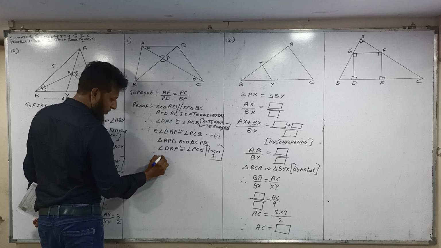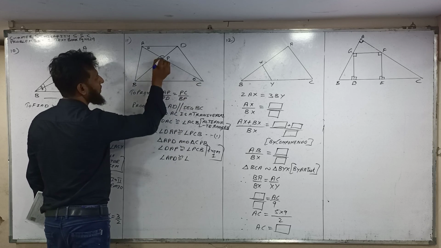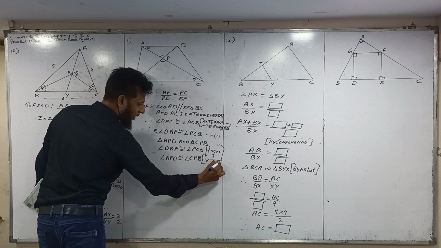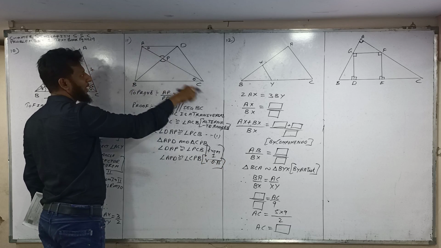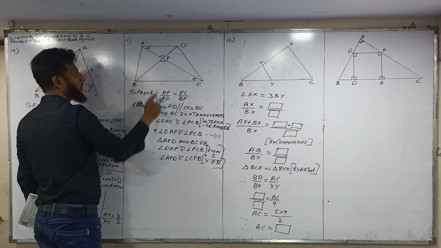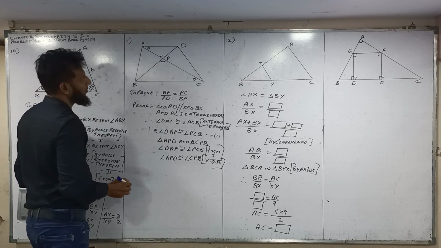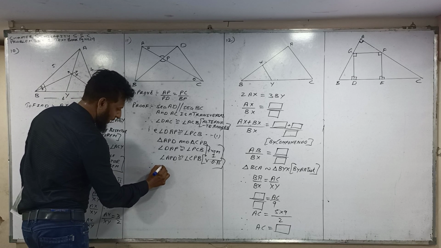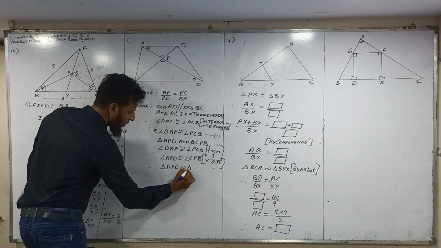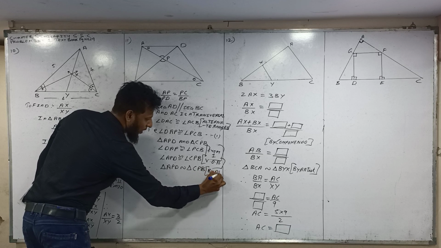So angle APD is congruent to angle CPB, vertically opposite angles. When the lines intersect at this point, these two angles are congruent. Two angles are enough to prove that the triangles are similar. Therefore triangle APD is similar to triangle CPB by the AA test.